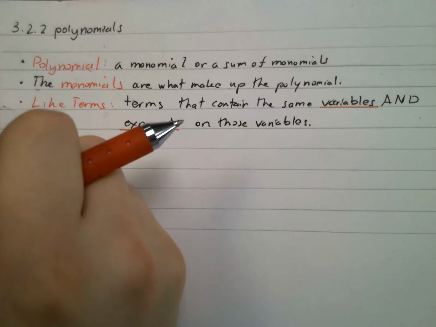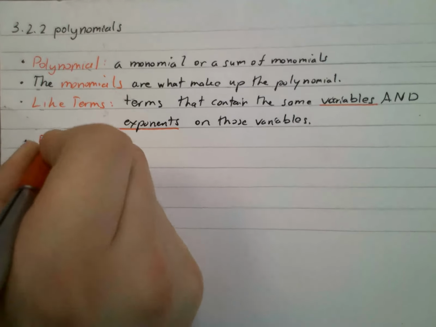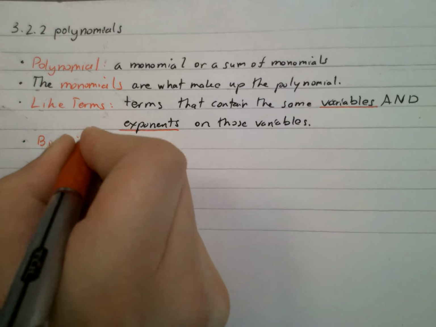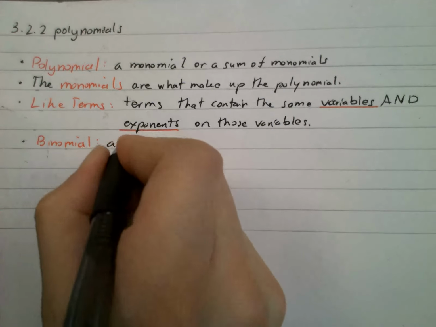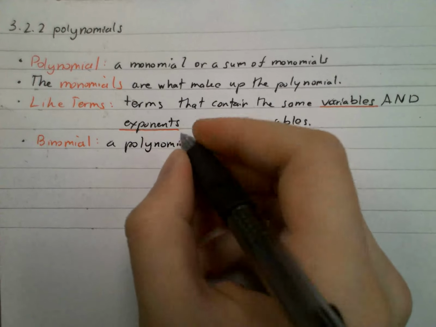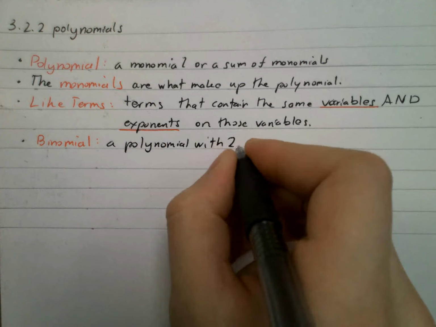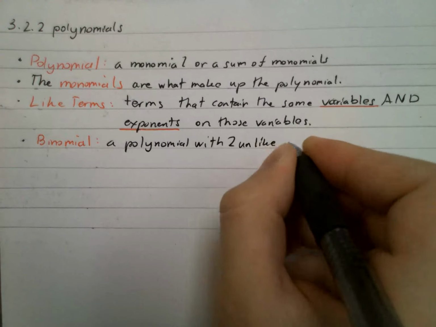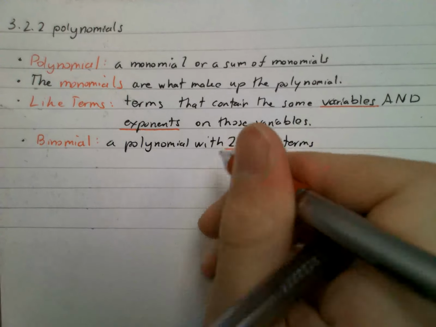So, a binomial is a polynomial with two unlike terms. All right.